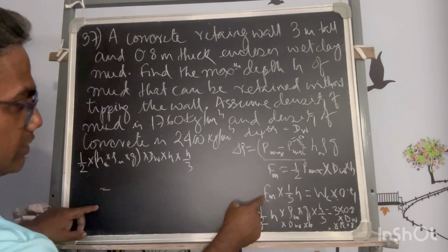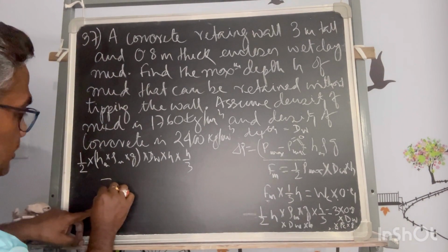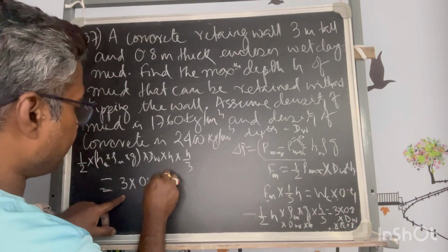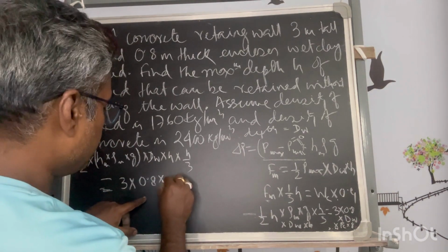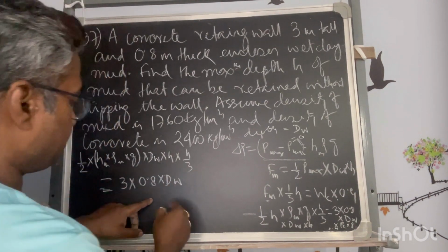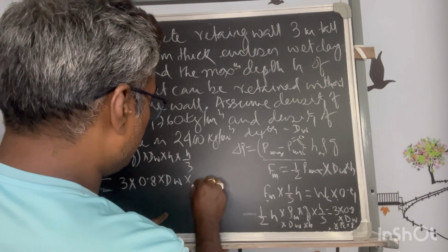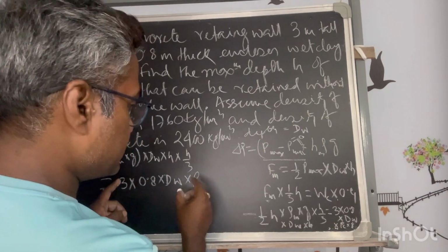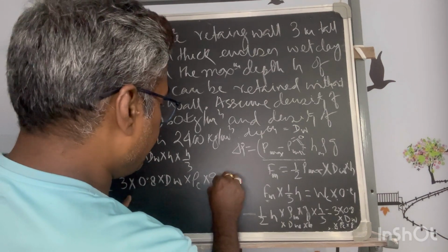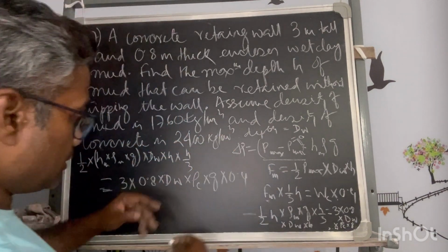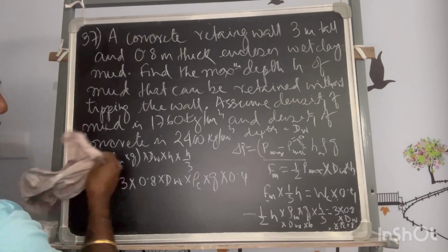This is the Fx into this one, and this is equal to volume 3 into 0.8 into dw, the weight. This is the volume, into the rho of concrete, this will give the mass, into G will be the weight, into the 0.4 will be the moment arm. So now this is finished.